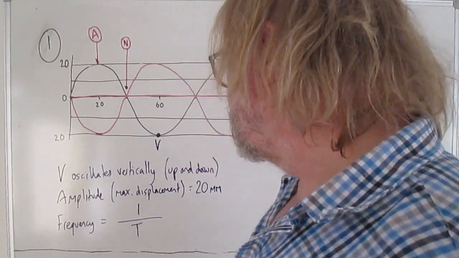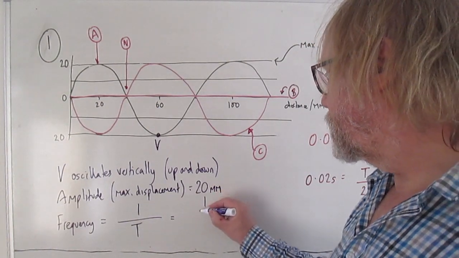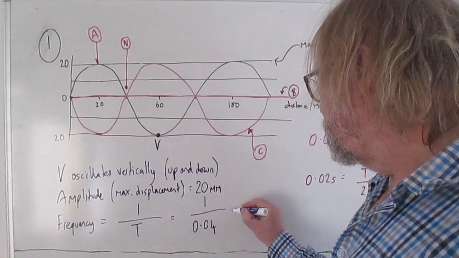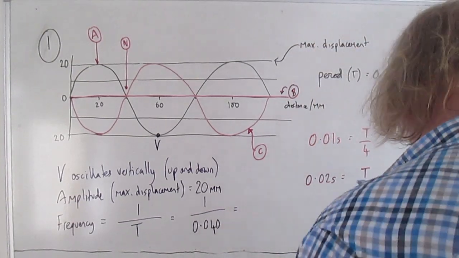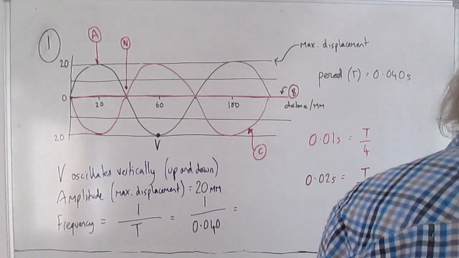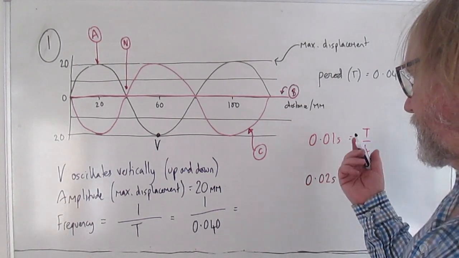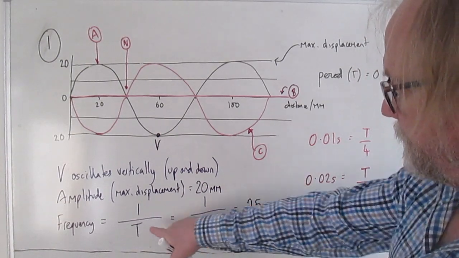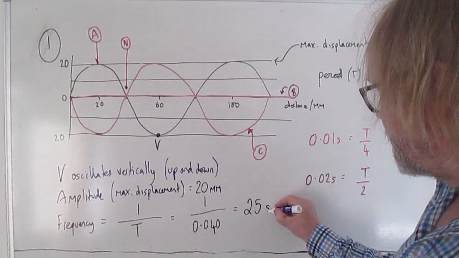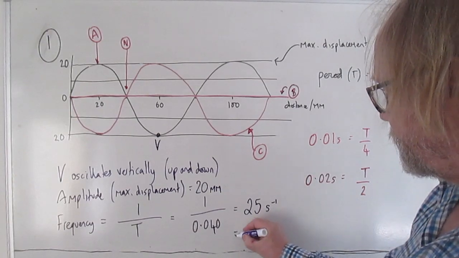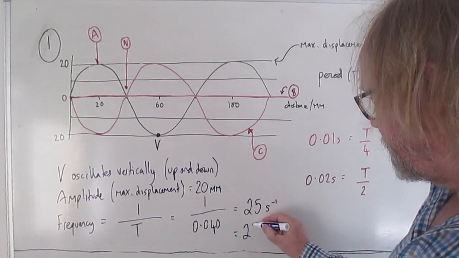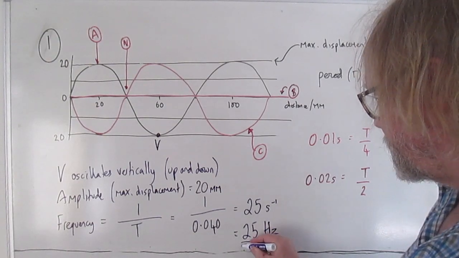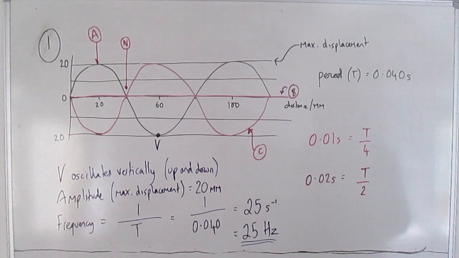So it's just 1 over T, which is 1 over 0.04. Okay, because 0.04 was the time period that we were given, which is 25, and that would be seconds to the -1, but remember that that unit is actually the hertz. The reciprocal second is a hertz, so 25 hertz is the frequency.